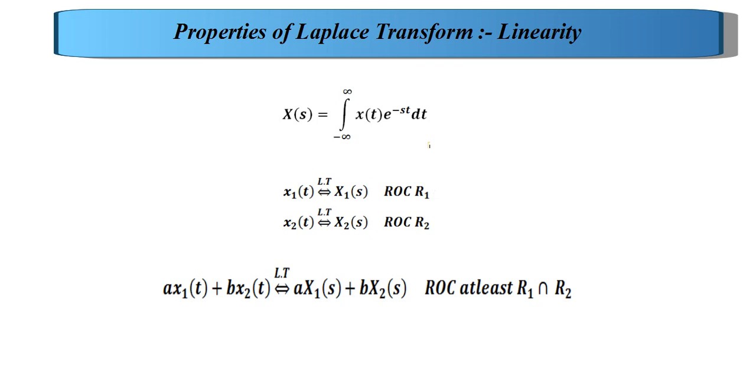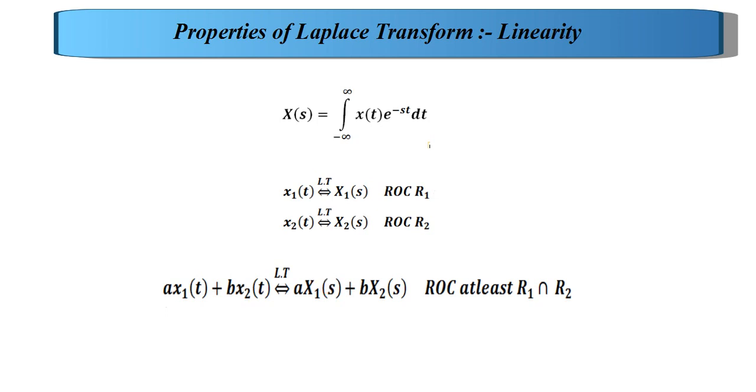If there is a signal in the form a x1(t) plus b x2(t), a linear combination of two signals where a and b are constants, we can find the Laplace transform of the combination by using the equation. But instead of using this equation, we can directly find it if we know the Laplace transforms of x1(t) and x2(t).